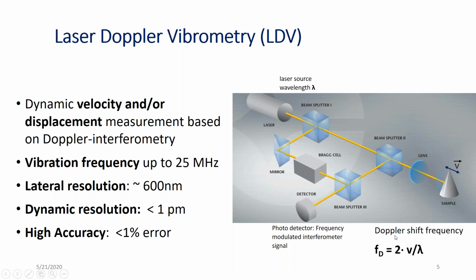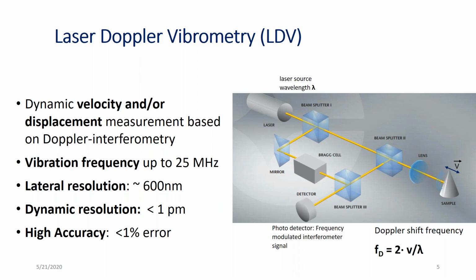The advantage of that, besides being non-contact, is you have real-time velocity and or displacement measurements. We have a broad frequency range from 0 hertz all the way up to 25 megahertz. We're using a laser spot, so we have really good spatial resolution. We can focus the laser beam down to less than 1 micron in size.